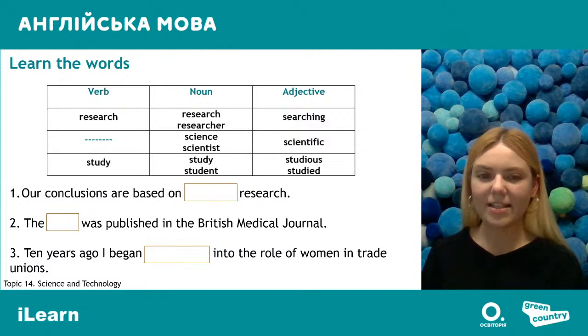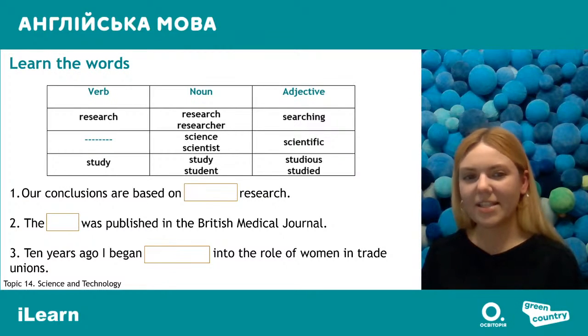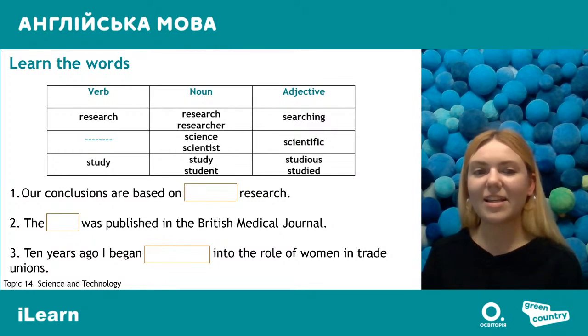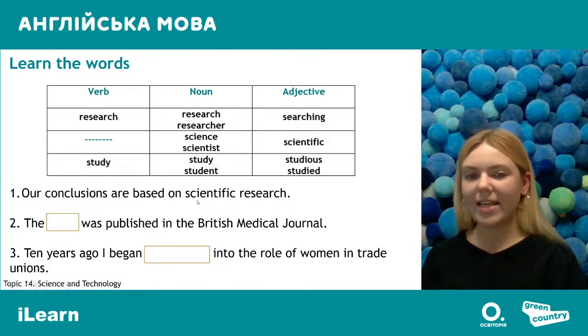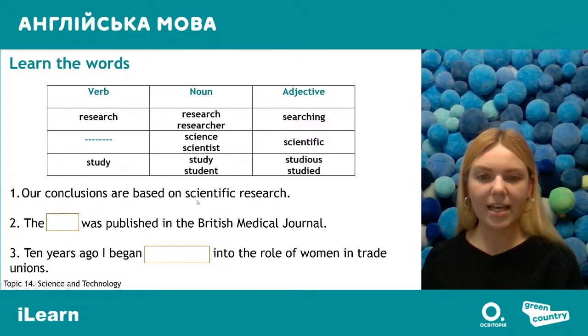Research, that is a noun, іменник. Then before it, it is logical to use an adjective to describe it. Та логічно, що перед research в нас буде прикметник. І давайте подумаємо, який в нас може бути research. Яке може бути дослідження? For example, scientific. Very often we use them together. Scientific research. Наукове дослідження.